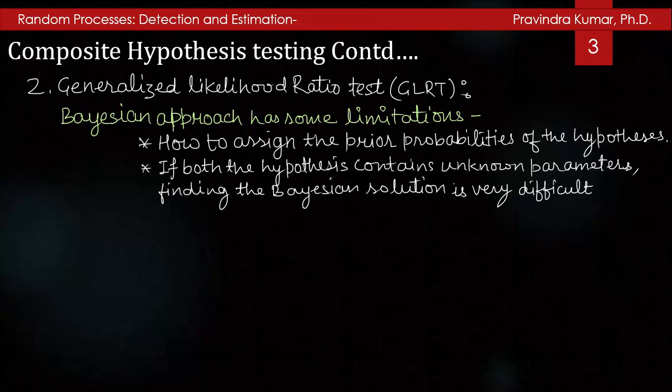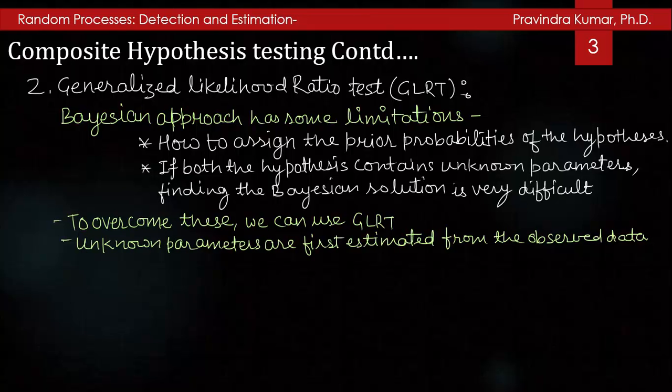And if both hypotheses contain unknown parameters, then finding the Bayesian solution becomes very difficult, and the involved integrals do not give a closed form solution. To overcome these limitations, we can use the generalized likelihood ratio test (GLRT).